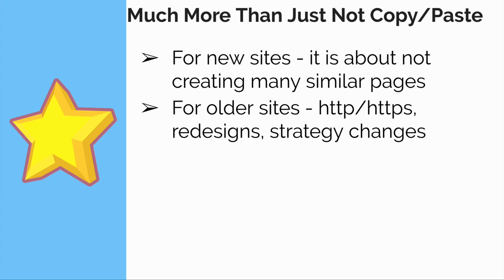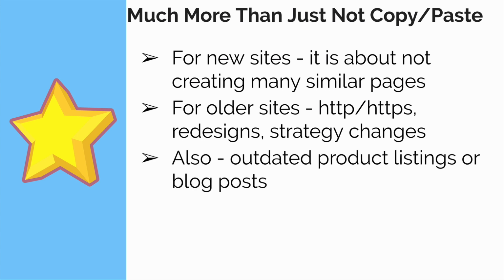And by the way, new sites can also have thousands of product pages that are kind of bad pages, very similar to one another, no traffic to most of them, not really great. Or it can simply be that for older sites, there can be a lot of outdated products no longer sold, but the page is still up, or blog posts that are no longer relevant. Nobody's going there. Nobody's browsing those posts. They're not really helping you.